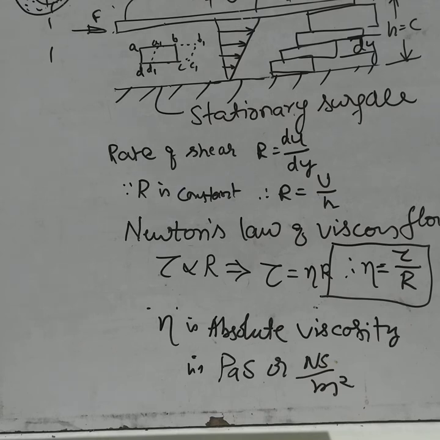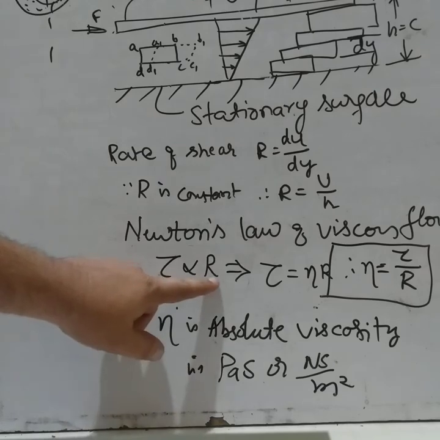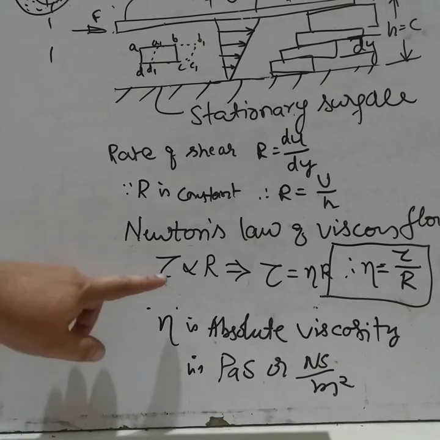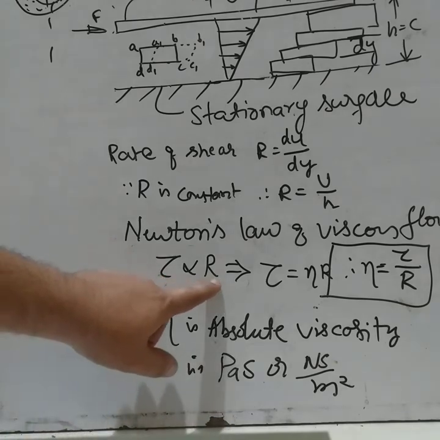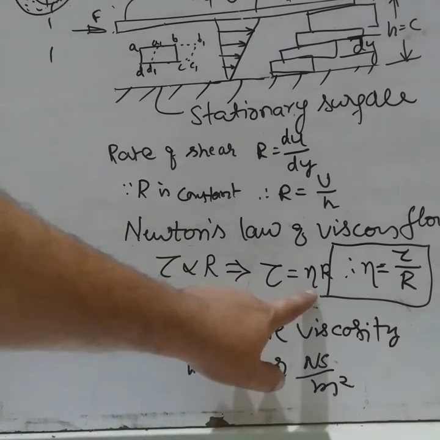And we have learnt that according to Newton's law of viscous flow, at any point in a fluid, the shear stress is directly proportional to the rate of shear. The shear stress at any point in a fluid film is proportional to the rate of shear. I remove this proportionality symbol and I get a constant.